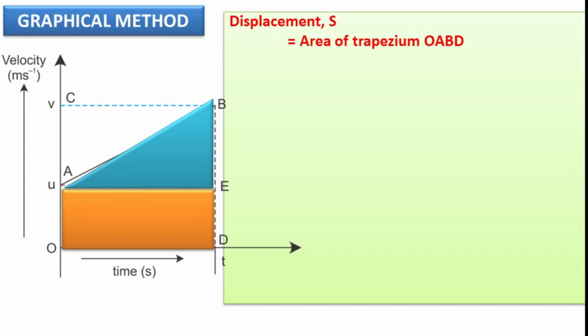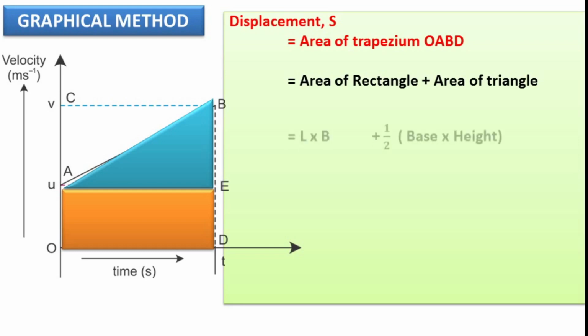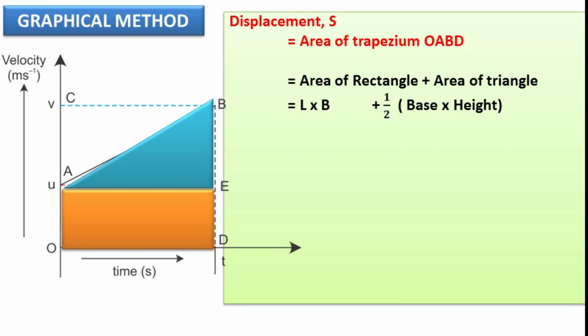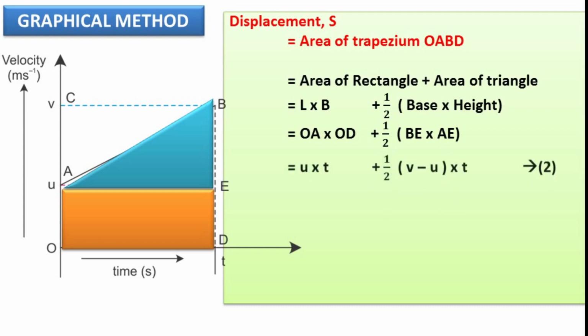Let us find out that displacement or distance is equal to area of rectangle plus area of triangle. We know the formula of area of rectangle, that is length into breadth, plus area of triangle, half into base into height, which is equal to OA multiplied by OD plus 1 by 2 into BE multiplied by AE, which is equal to u multiplied by t plus 1 by 2 into (v minus u) into t.